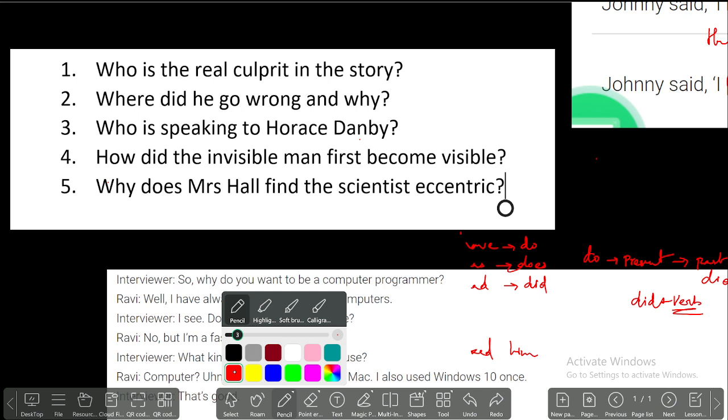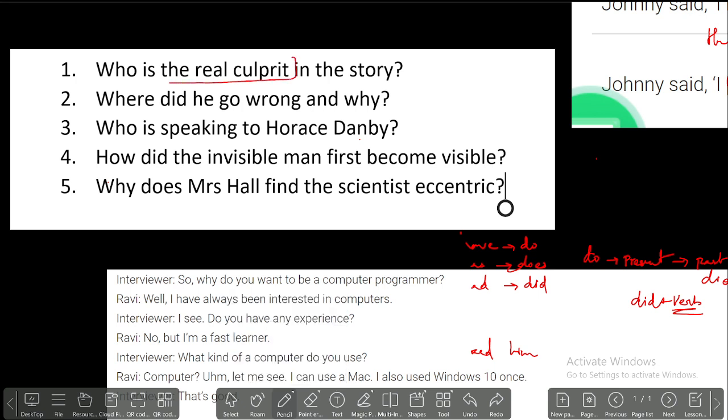What is the first question, my dear? Who is the real culprit in the story? Which lesson is this discussing? The question of trust. So, who is the real culprit, my dear? The young lady who pretended to be the owner of the house. So that's what your answer should be.